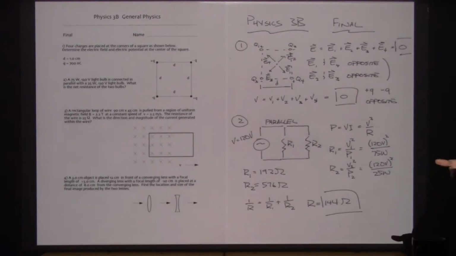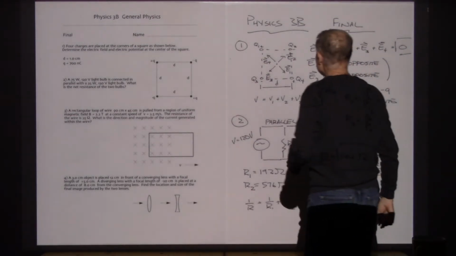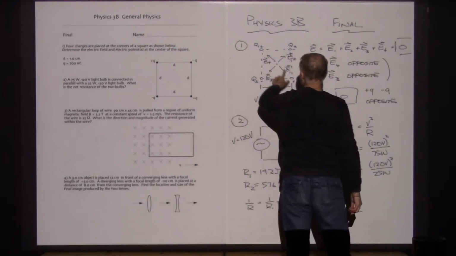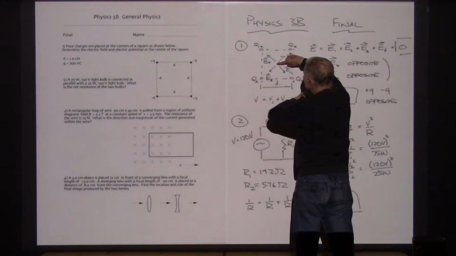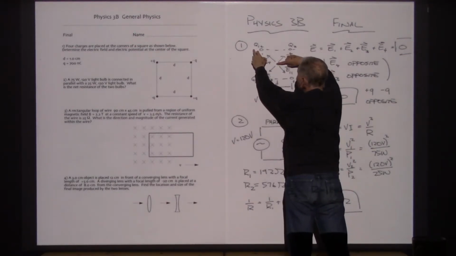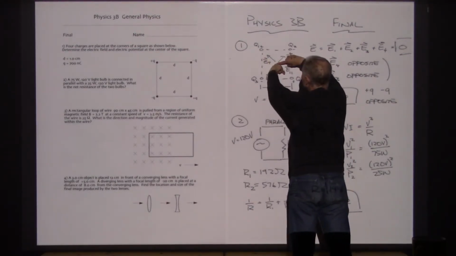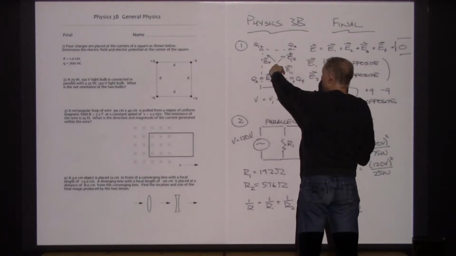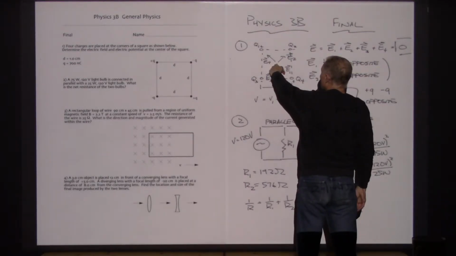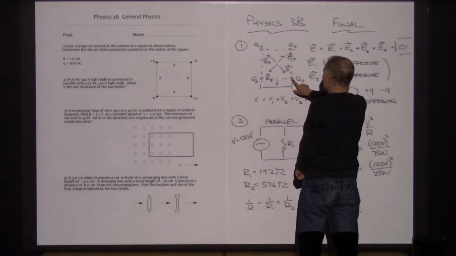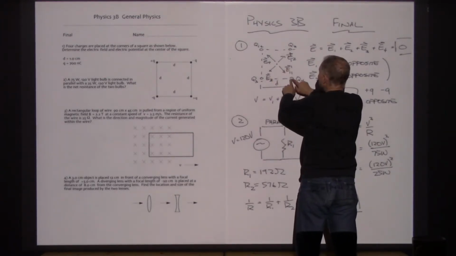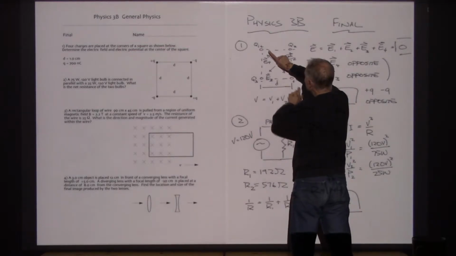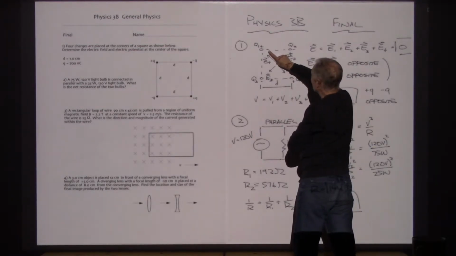These are positive charges, Q1 and Q4. There's going to be an electric field at that location. There is an effect from charge 1, and we represent that as an electric field pointing away from charge 1. Similarly, for charge 4 at that location, there will be an electric field, and it will be directed away from charge 4.